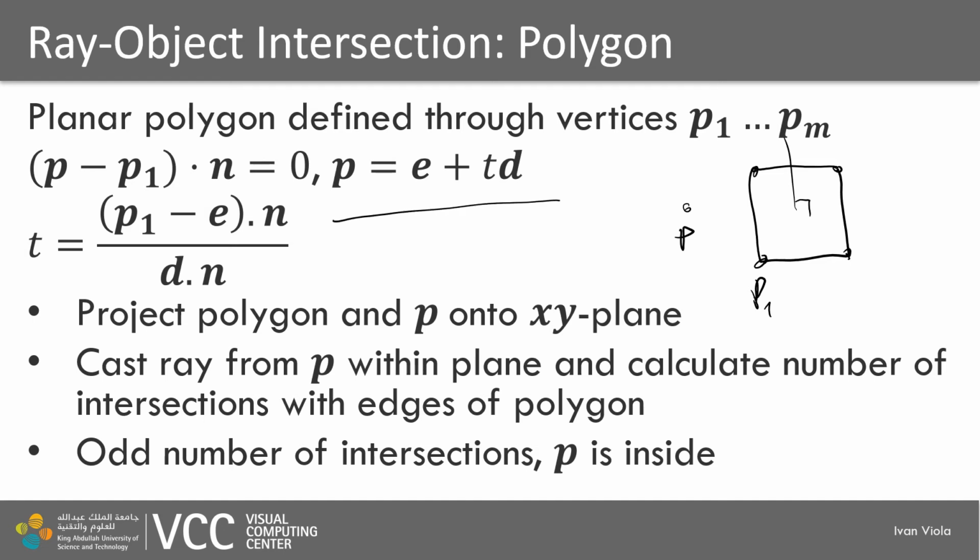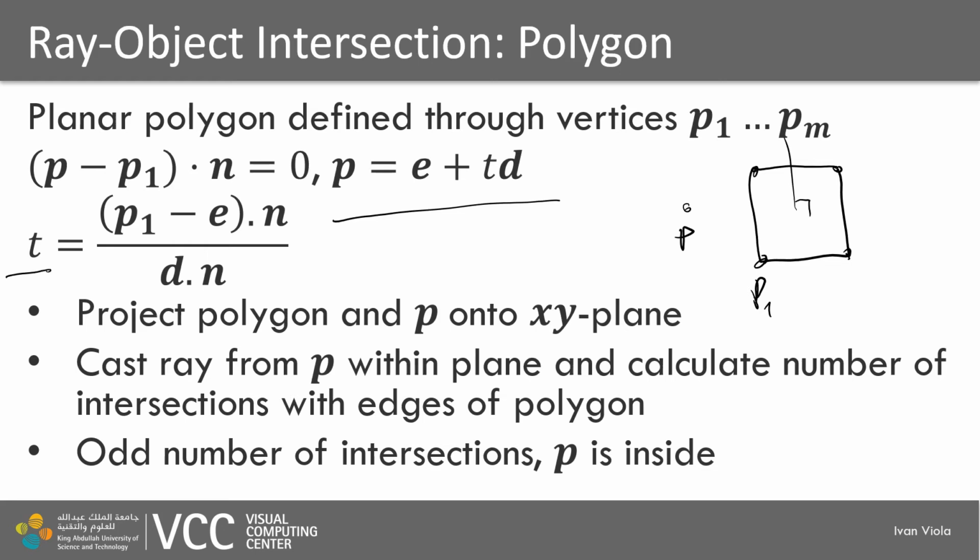And we can put them together in order to find out what is the intersection between the plane and the ray. Now we find out a particular t, hopefully.